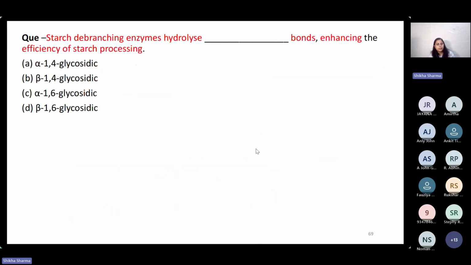Let's see this question about the starch debranching enzyme, which hydrolyzes basically dash bond. Which bond is hydrolyzed, enhancing the efficiency of starch processing?